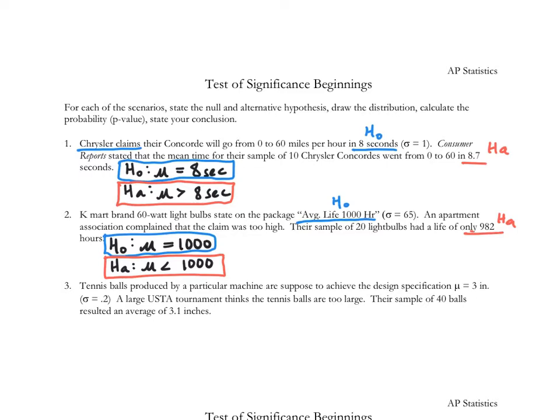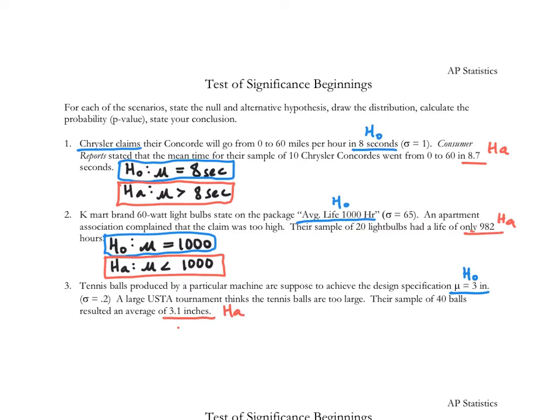And so if we want to identify the hypotheses, the 3 inches is from the machine that produces it, right? Because it was designed to a specific specification. And the alternate is that when the USTA put it to the test, they got a value that was larger.